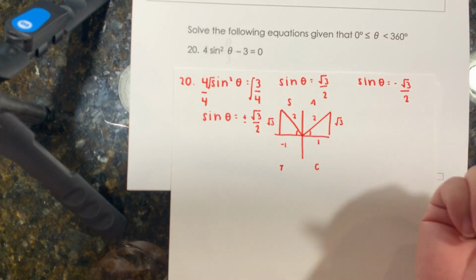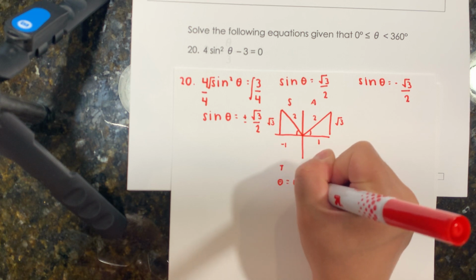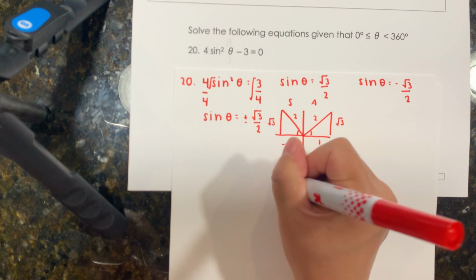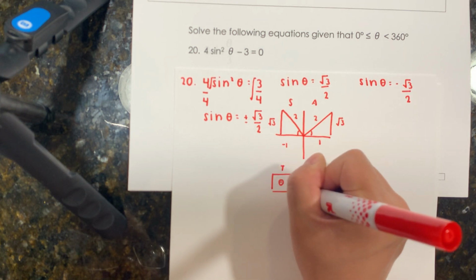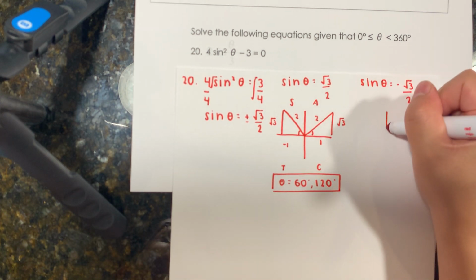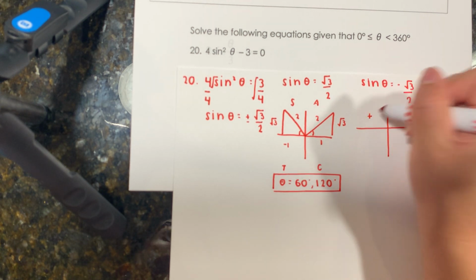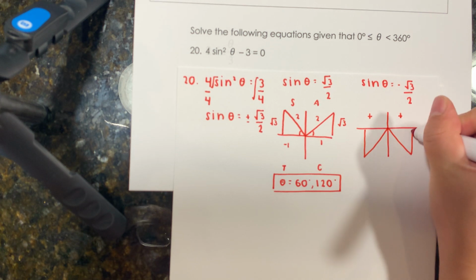So for the first one, my answers are going to be 60 for quadrant 1, and then 120 for quadrant 2. Now for this one, I already know that sine is positive in quadrants 1 and 2, which means that's going to be negative in 3 and 4.